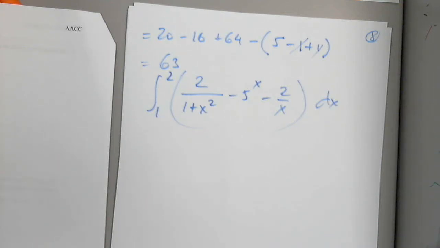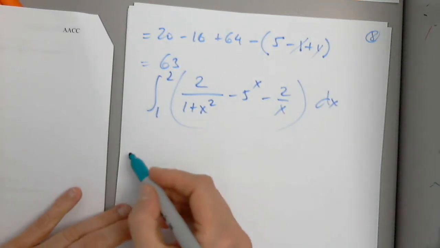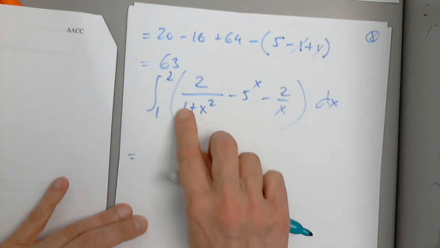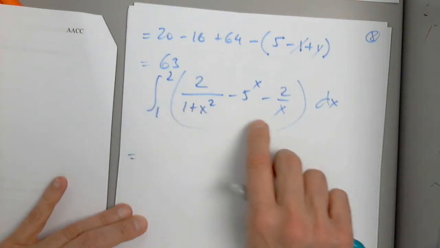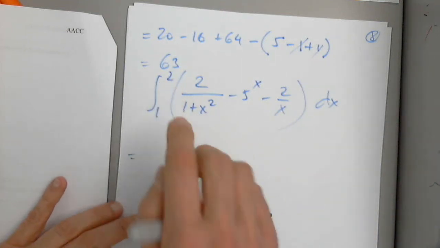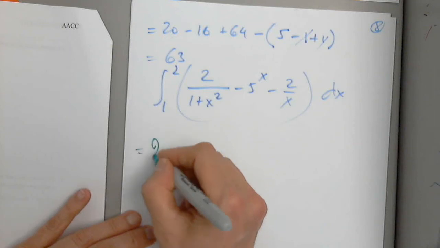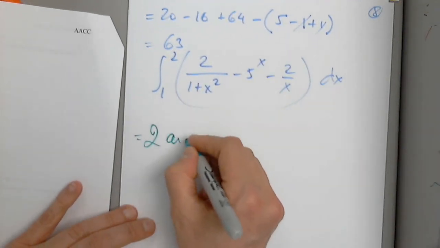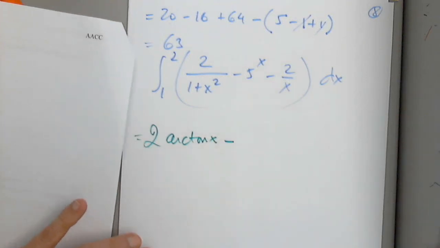Okay, so do we have a function? Is this function continuous on 1 comma 2? This is continuous everywhere, it's never undefined, and this is not continuous at 0, but 0 is not between 1 and 2. Good. Which function has derivative 1 over 1 plus x squared? Excellent. Minus.